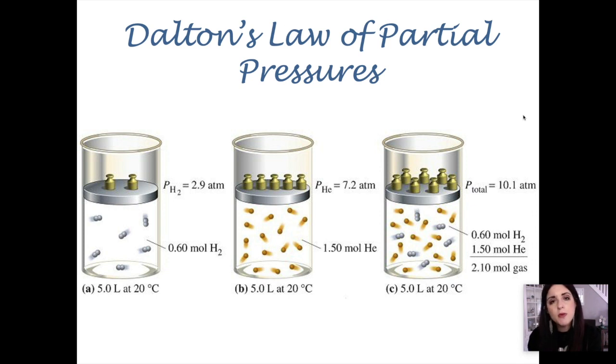The total pressure in the same volume and temperature is just the sum of both of those gases. So the 2.9 atmospheres that hydrogen exerts plus the 7.2 atmospheres that helium exerts equals 10.1 atmospheres. That's going to be the pressure of the system when those two gases are added together at the same volume and temperature. That's Dalton's law of partial pressures.